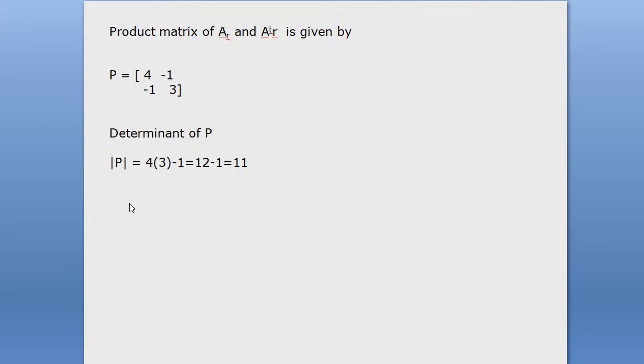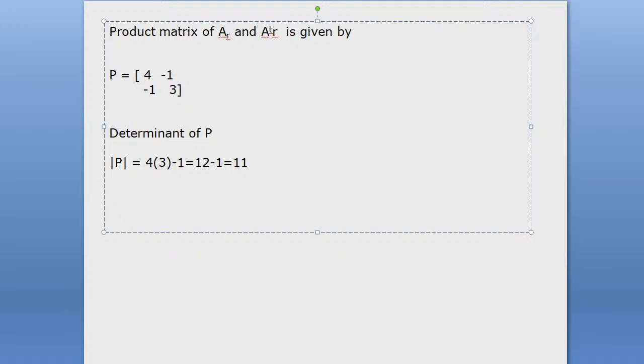Let me write the last problem. I will give you some sample questions for this topic.